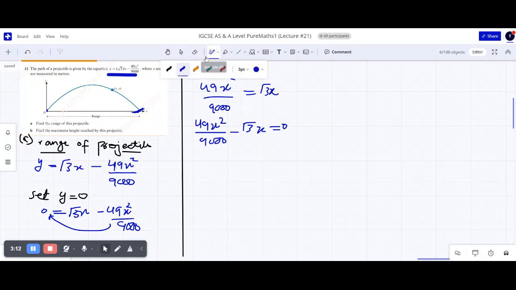Then we have to factor out x. Factor out means x is common, so we take out x.